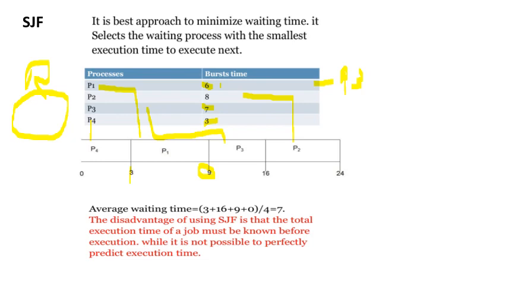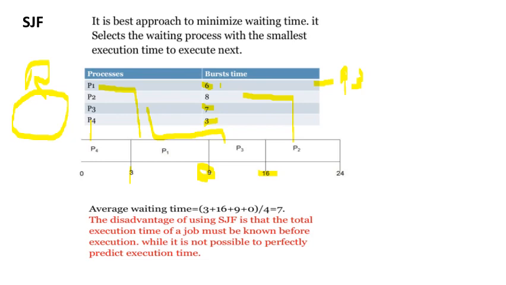Next, for process P2, the waiting time is 16 milliseconds, because at the 16th millisecond only, P2 got executed. For P3, the waiting time is 9 milliseconds, because at the 9th millisecond P3 got the chance.